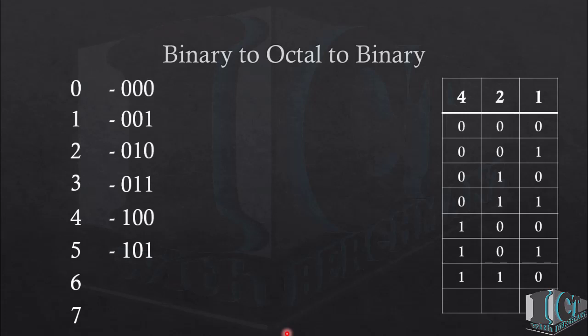So 6 would be 110. And the last one, 7, will be the addition of 4 plus 2 plus 1, which will give me 111. These are the corresponding binary values for each of the octal digits that we have.